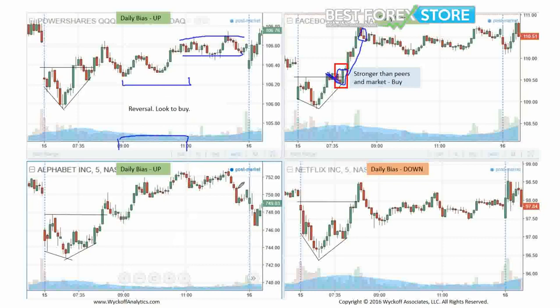So therefore, no trades here, no trades here, and see how I'm eliminating some of the unnecessary trades that I would be inclined to do if I didn't have a daily bias, if I didn't understand what the market is doing, if I didn't understand the comparative analysis as well, if I didn't understand the structural analysis at this time frame.